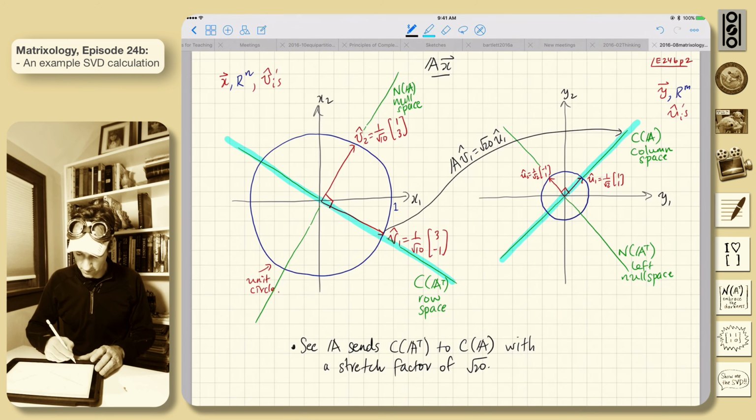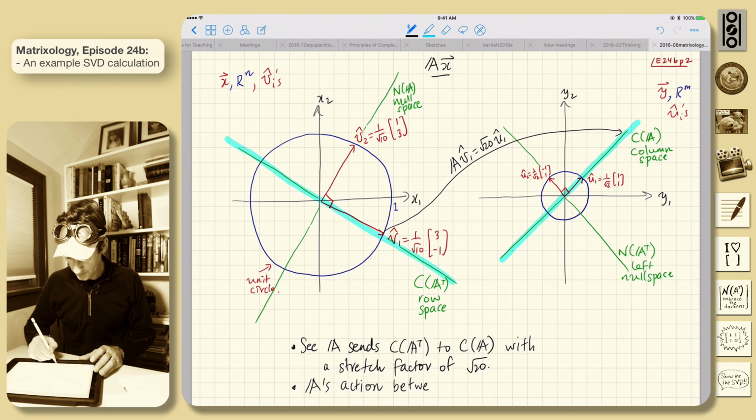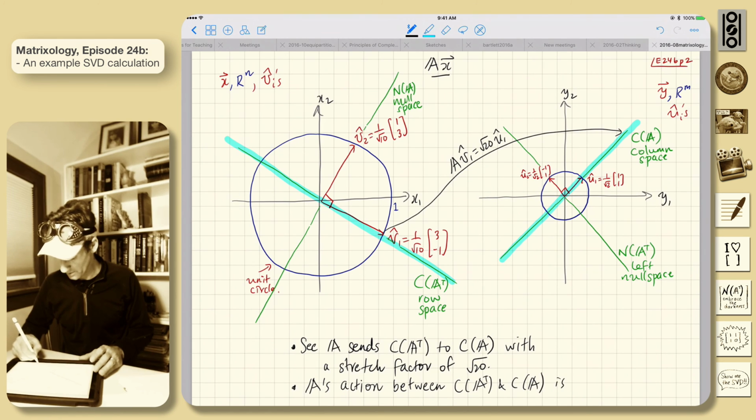So A's action between the row space and column space is invertible. It's just some good things to know.